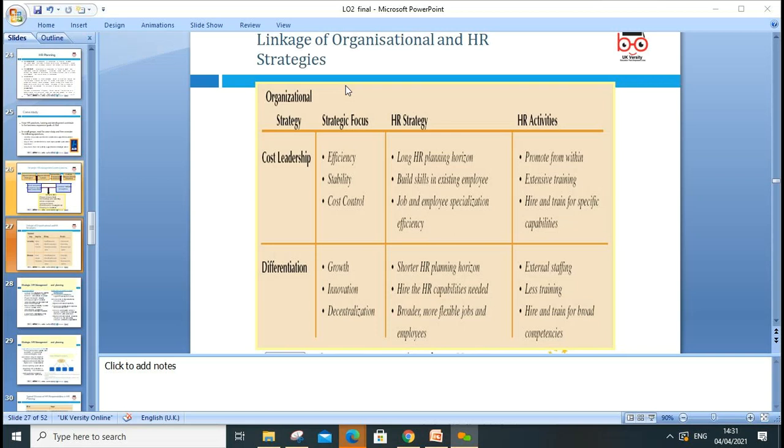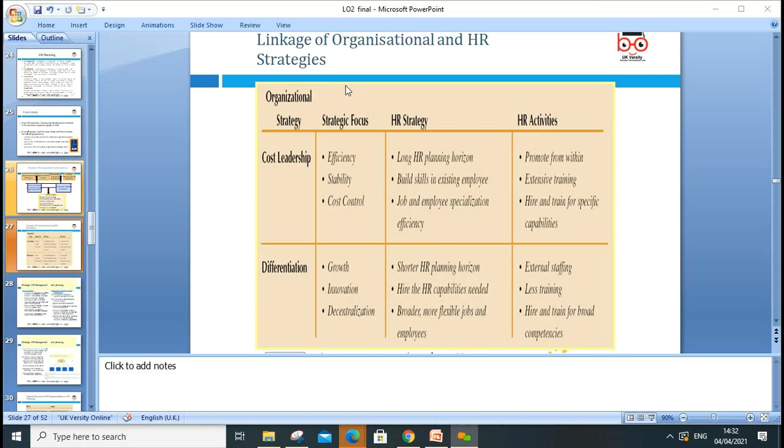We need extensive training. We need to hire and train for specific capabilities. Yes, that helps to reduce the cost, because our HR strategy should be based on our overall organization strategy. If we have a differentiation strategy, with growth, innovation, and decentralization, then we need a shorter HR planning horizon.